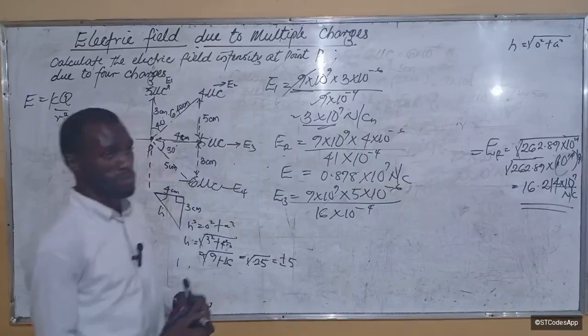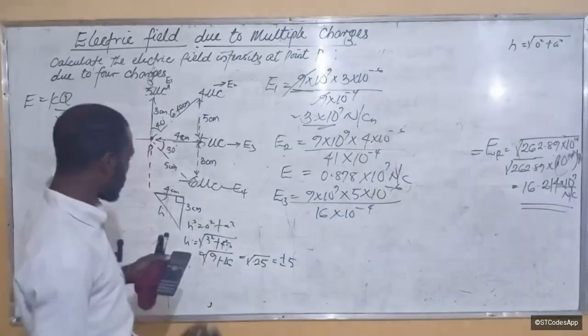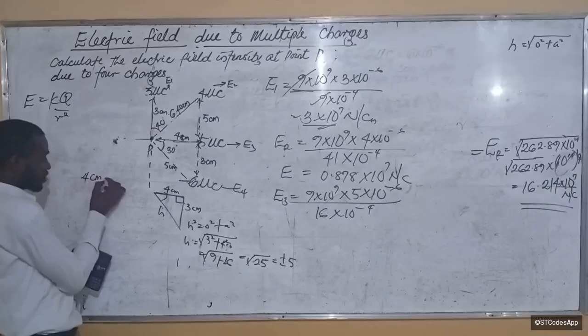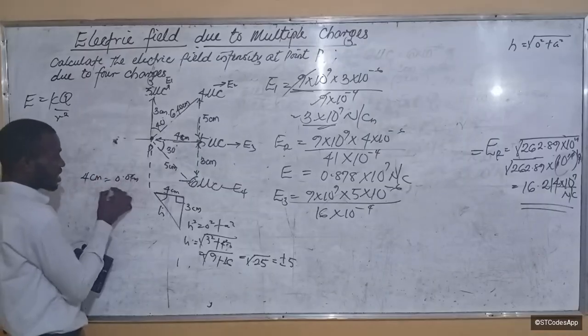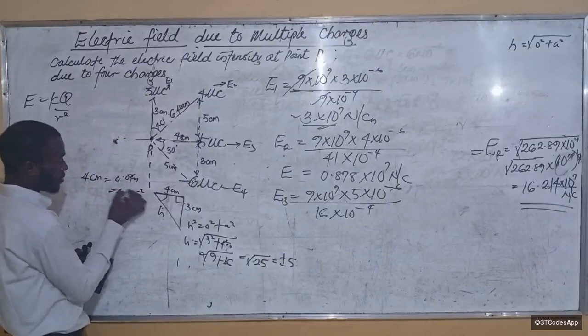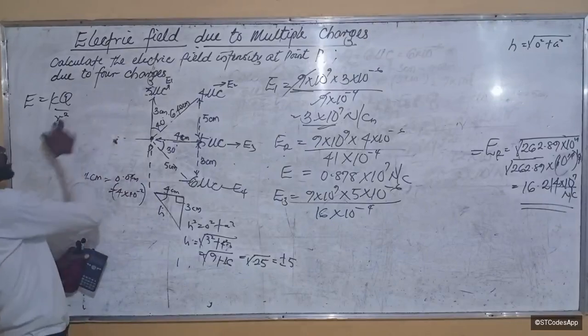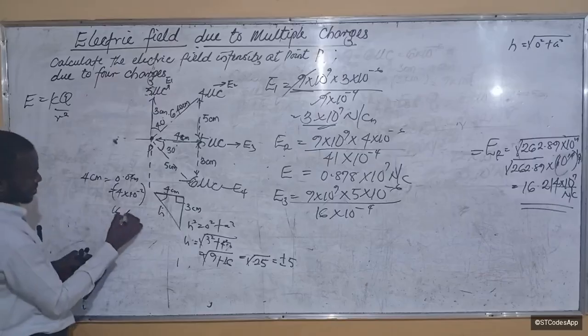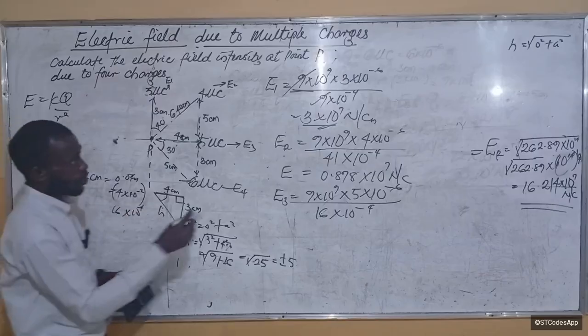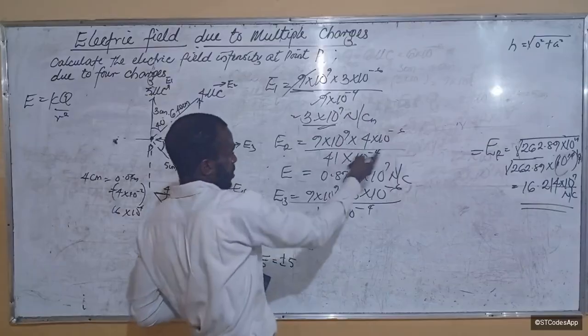Make sure you are converting to meter. For those that have forgotten, 4 centimeter is equal to 0.04 meters, so that is 4 times 10 raised to the power minus 2. Because the formula is kq over r squared, by the time you square it, it becomes 16 times 10 raised to the power minus 4.